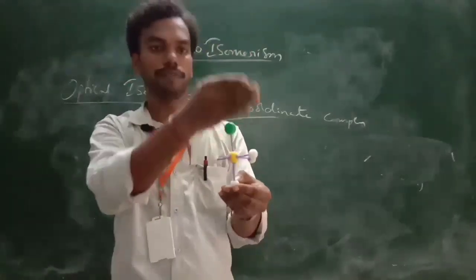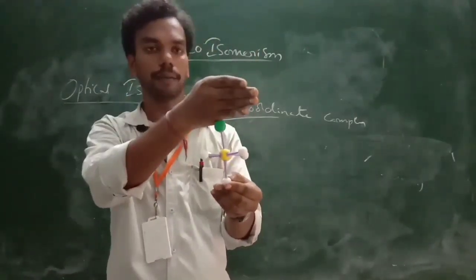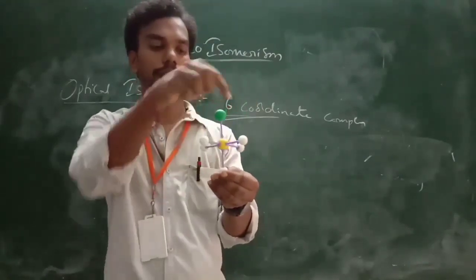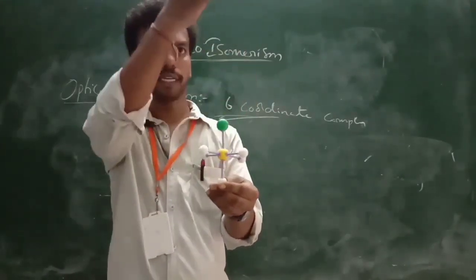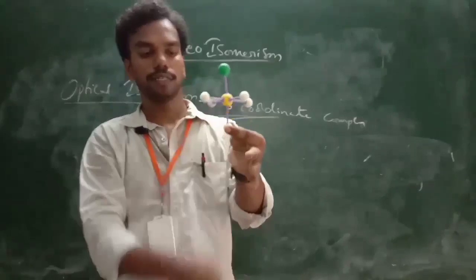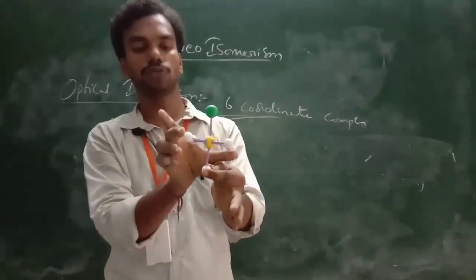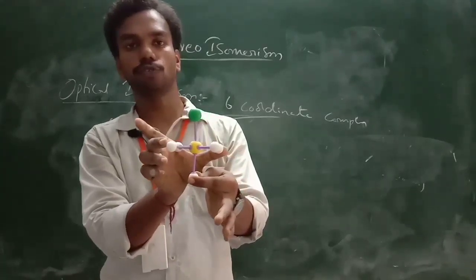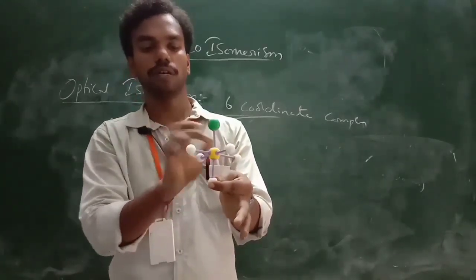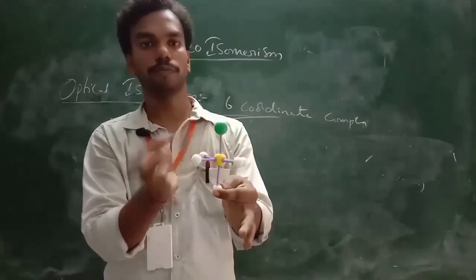Now if you pass a plane along this square planar plane, along the central atom and 4 ligands, these 2 ligands are the same, and reflect to each other, mirror image to each other.